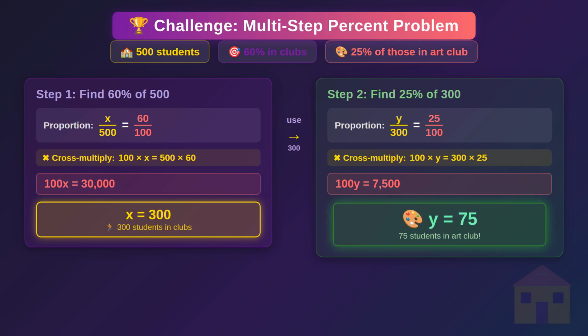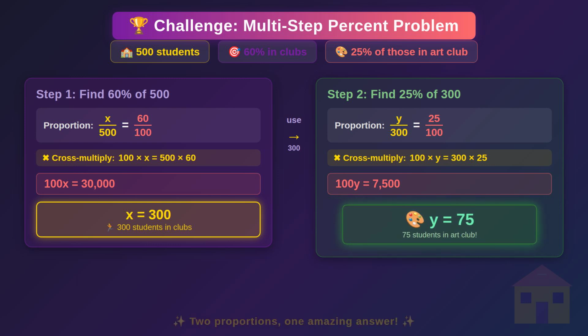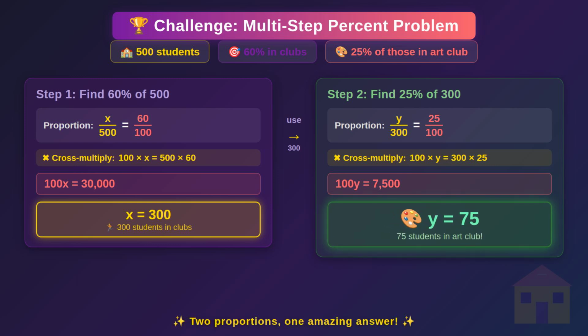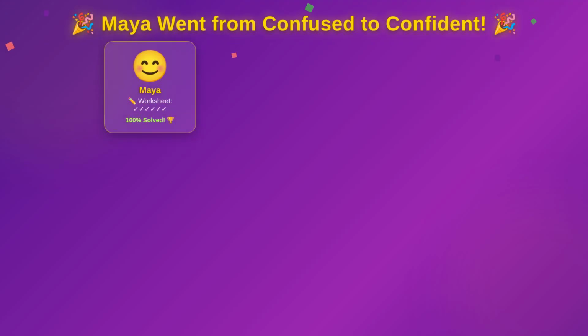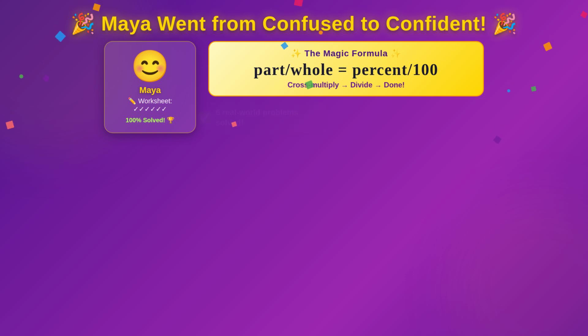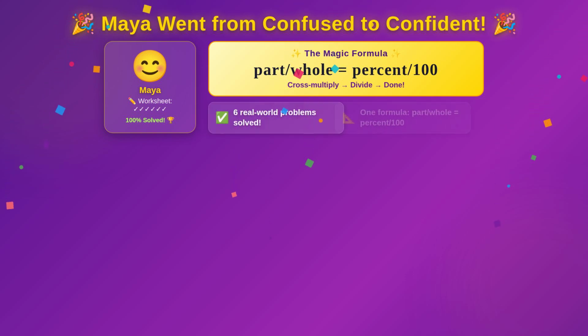Divide by 100, x equals 300. So 300 students are in clubs. Now find 25% of 300. Proportion, y over 300 equals 25 over 100. Cross multiply, 100y equals 7,500. Divide by 100, y equals 75. 75 students are in art club. 2 proportions, 1 amazing answer.